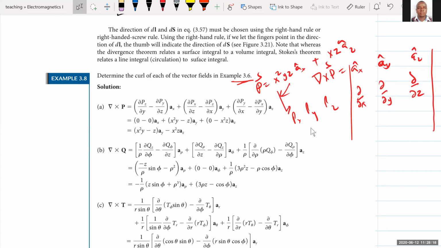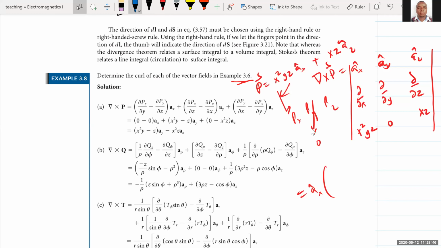Py is actually 0. Px is x squared yz. This is 0. This is xz. And therefore, to find the first term, we just say it is equal to ax into brackets. For those who are still struggling, I'm trying my best to show you how we do this.